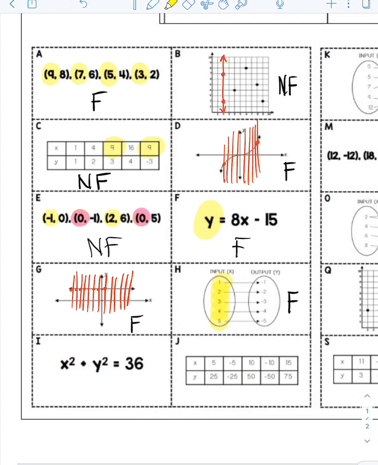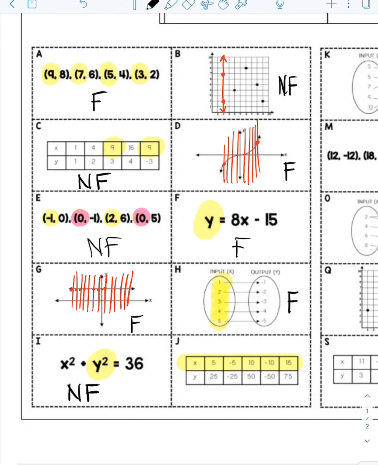I. When I look at this equation, the first thing I notice is that y has an exponent on it, so this is not a function. J. When I'm looking at a table, I want to look at my x values to see if there are any repeats. So I have a 5, -5, 10, -10, and 15.